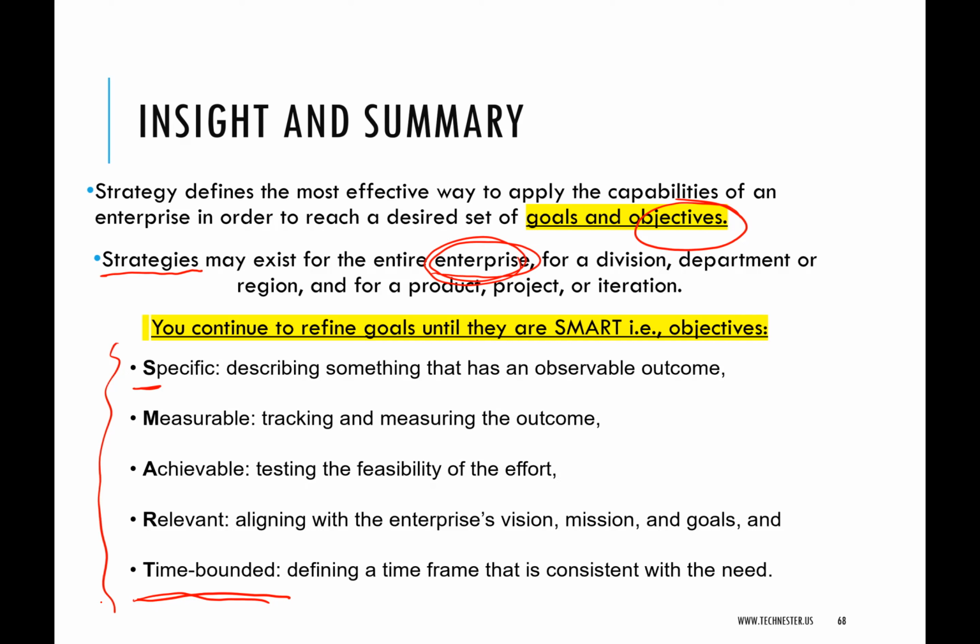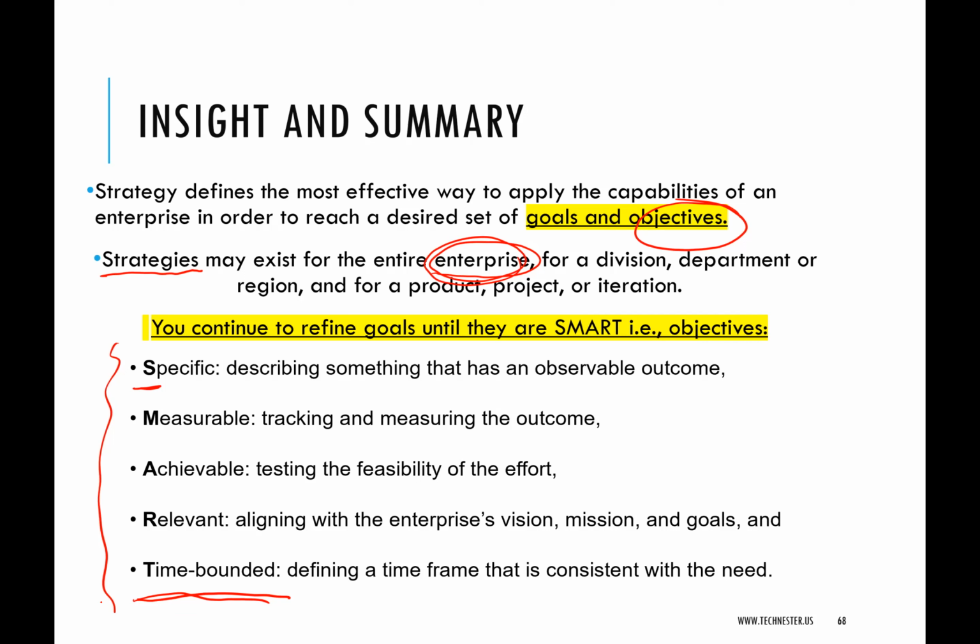Right? So that goal has now become smarter. We want to increase the number of students in the 25 to 55 year age bracket by 40%. Since this person has now told us it's 40%, we will know when we are successful. And he's saying within 6 months, so we now know that there is a time frame that we can work with. So that goal of just increasing the number of students has become smarter.